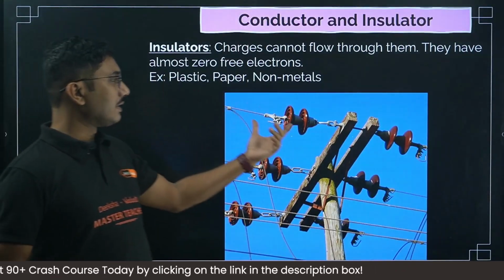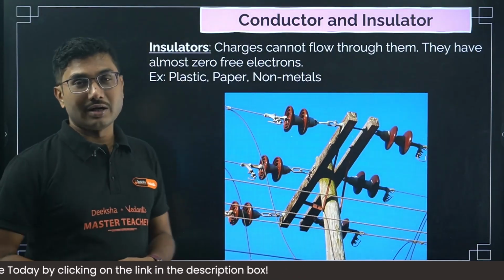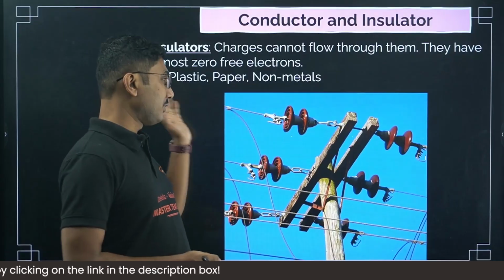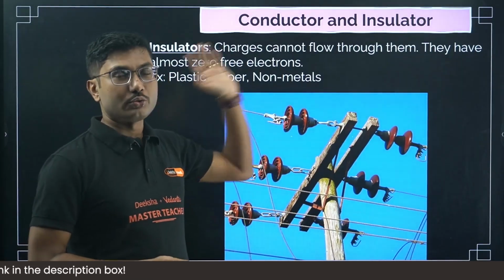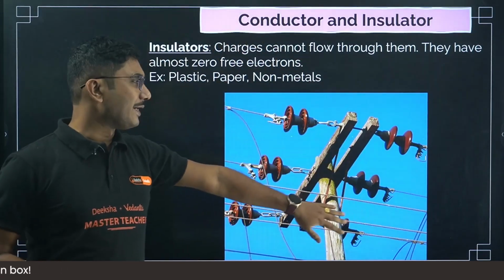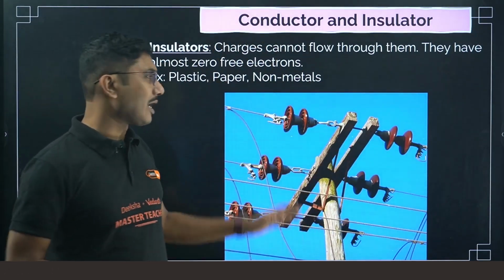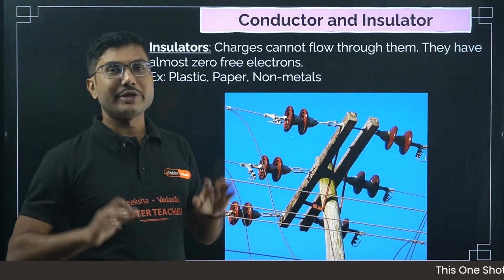So here there is a nice picture. You have seen that we have electric posts which help us carry the current from the source to some place. Even though the post is made of metal or wood, it does not matter. Why, when you touch an electric post, do you not get electrocuted normally?